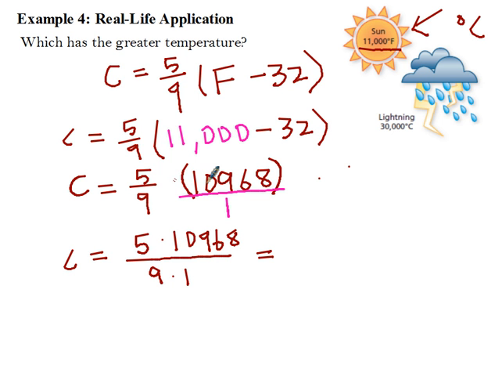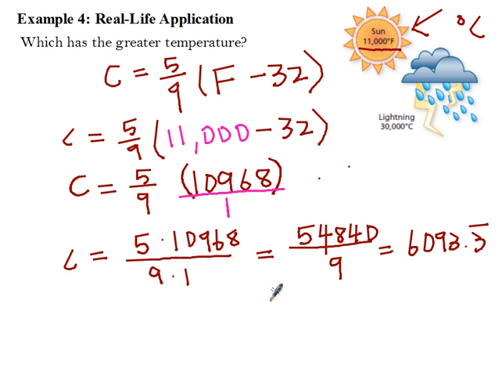I'm multiplying across. If you multiply the numerator, you get 54,840, and 9 times 1 is 9. If you divide them with a calculator, you're going to get 6,093.3 repeated.